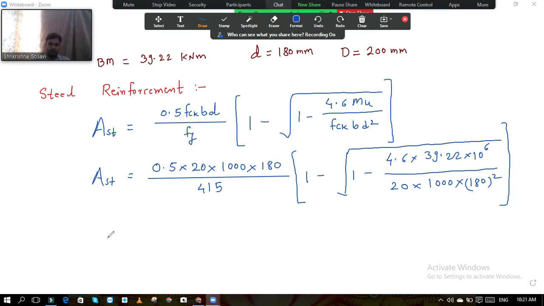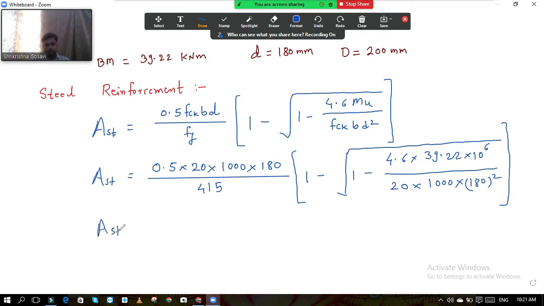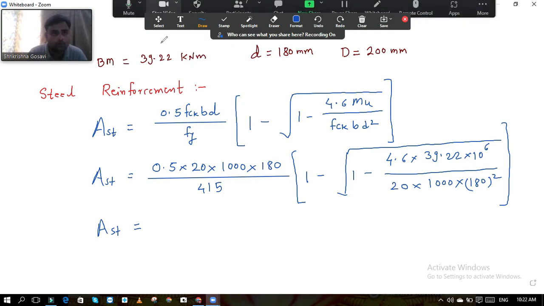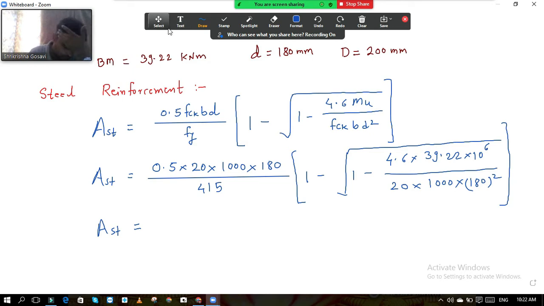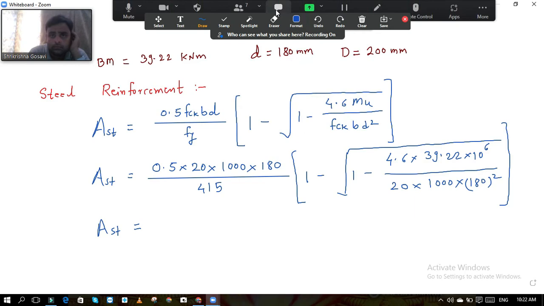What is the answer of this? Ast is equal to... Please do the calculation fast.